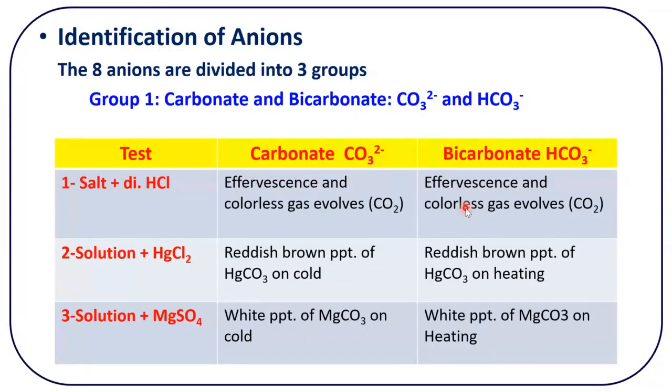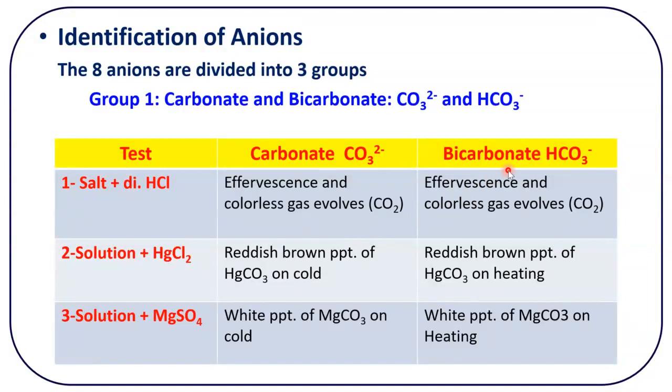It's very simple. Most carbonate salts are insoluble in water, except just three carbonate salts: sodium carbonate, potassium carbonate, and ammonium carbonate. These are the only carbonates which are soluble in water, while the other carbonates are insoluble. So that's why it gives the observation in the cold.